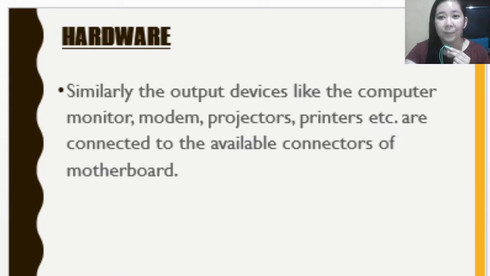Similarly, the output devices like a computer monitor, modem, projectors, printers, and others are connected to the available connectors of the motherboard. Of course, these are essential parts of the computer system, which aid in data processing.